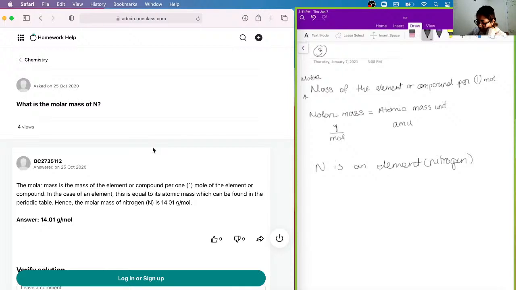And in the periodic table, it shows that nitrogen has a molar mass of 14.01 grams per mole. Okay, and so this is the answer.